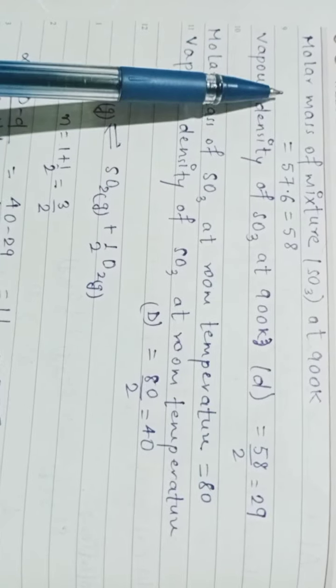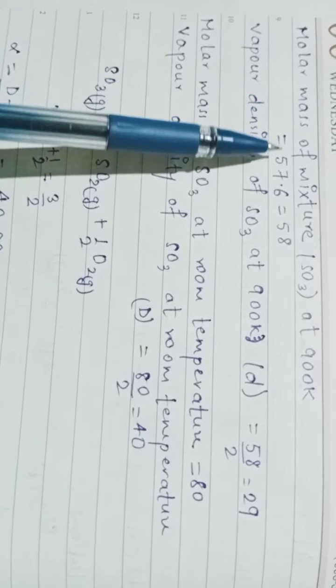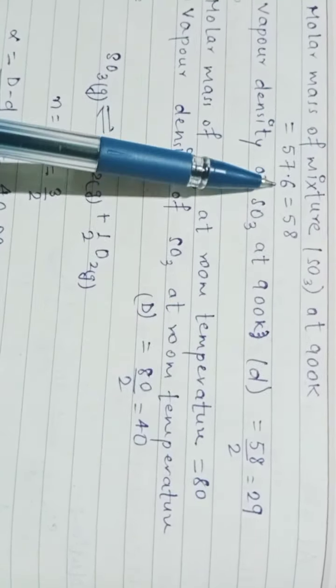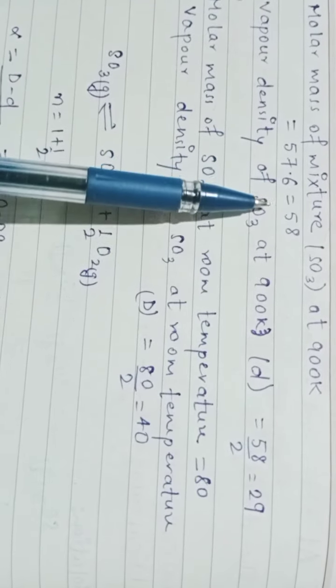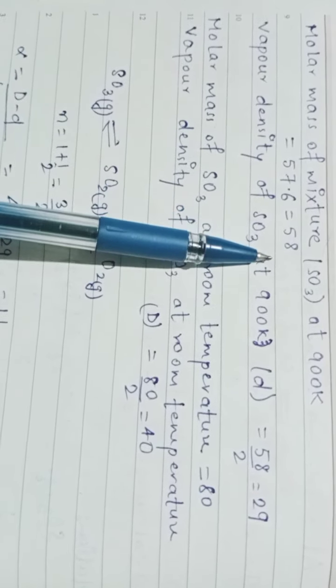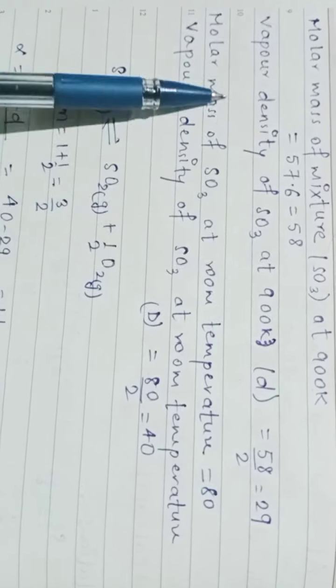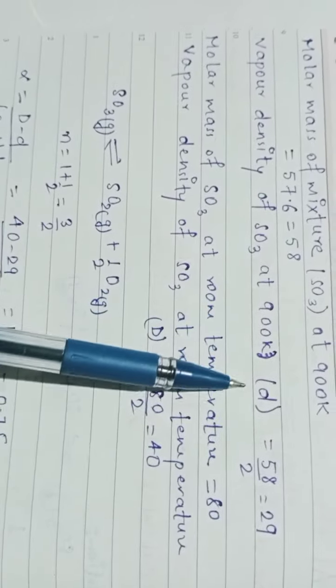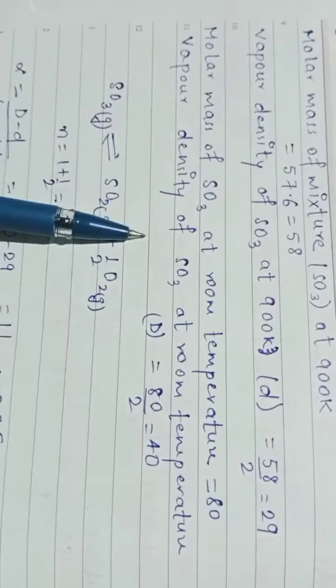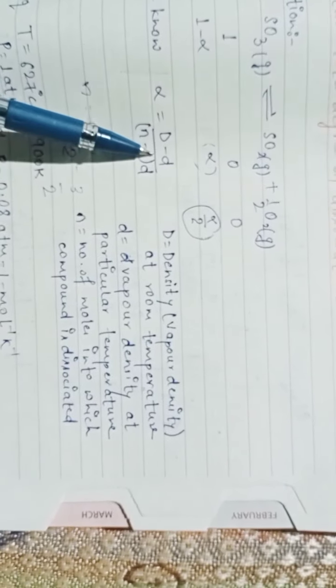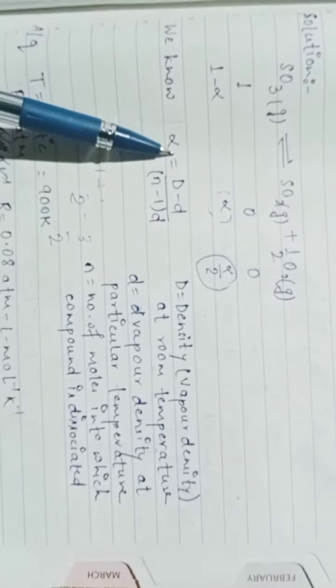Now from the equation we find the molar mass of the mixture at 900 Kelvin is 57.6, which after approximation we can write as 58. And now vapor density, we know, is molecular mass by 2, and we denote this by small d. Here small d is the one which is written in the formula, so don't confuse capital D and small d.